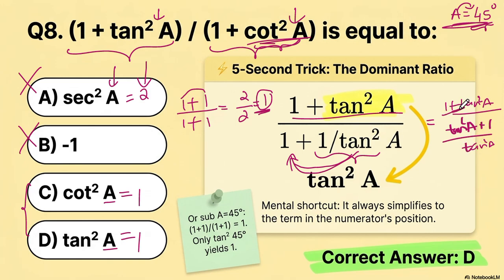The 1 plus tan square terms get cancelled, and the denominator of the denominator comes into the numerator. So we get tan square a. The correct answer is tan square a. You can do it directly like this, otherwise you can use this trick to solve the question.